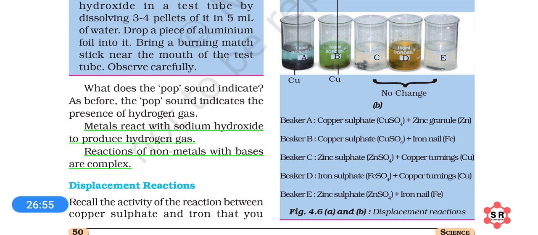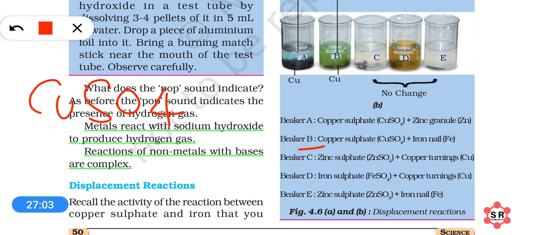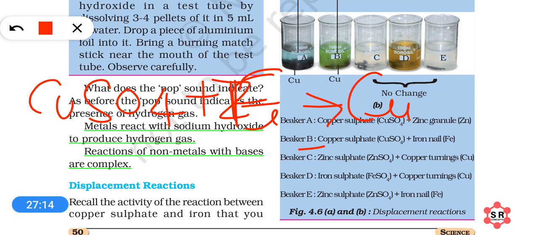What happened in beaker B? In beaker B, the reaction was something like this: CuSO4, that is copper sulfate, reacts with iron, Fe, and makes Cu plus FeSO4, ferrous sulfate.